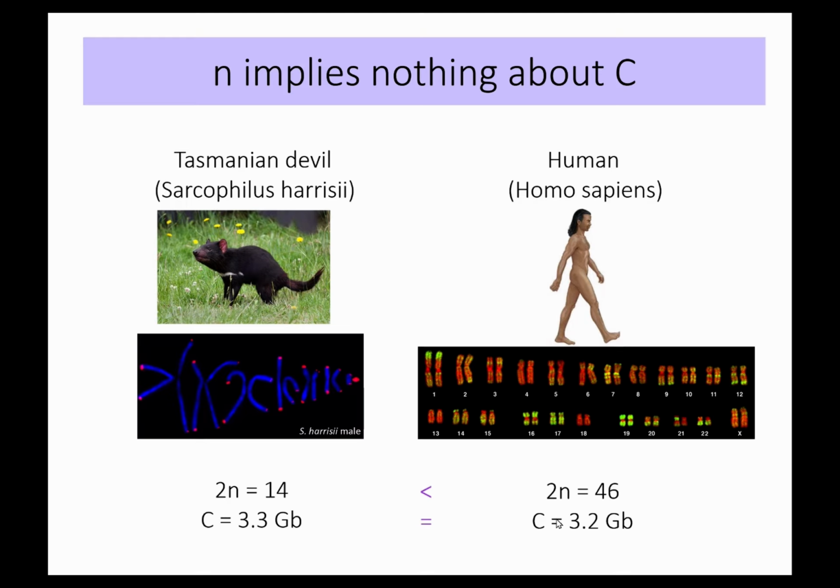Very good, 2C. So it would be 6.4 giga base pairs, or roughly 6.4 or so picograms. Very good. You've got to know the coefficient of C to calculate that stuff.